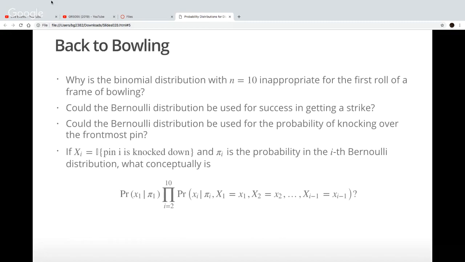So if we let x_i be the random variable that's just yes or no, is pin i knocked down, and pi_i is the probability of knocking down that ith pin in a Bernoulli distribution, what conceptually would be the expression that we have here? Probability of x1 given pi 1 multiplied by the product of the conditional probability of the ith pin getting knocked down given its success probability and the realization of all previous pins being knocked down.